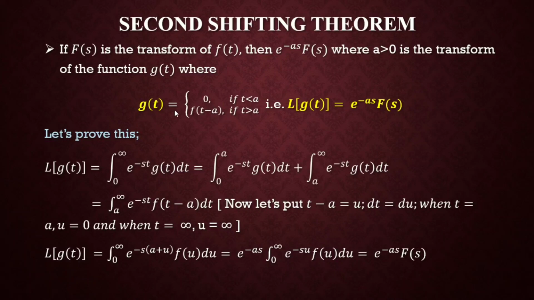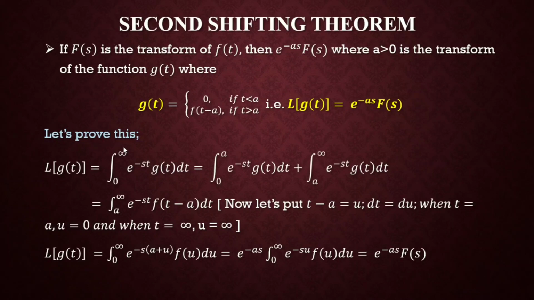That is, g of t will be equal to 0 when the value of t becomes less than a, and g of t will be equal to f of t minus a for all values of t greater than a. That is, Laplace of g of t is equal to e raised to minus as f of s.